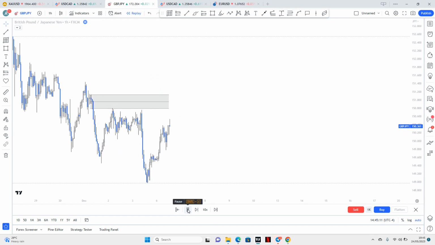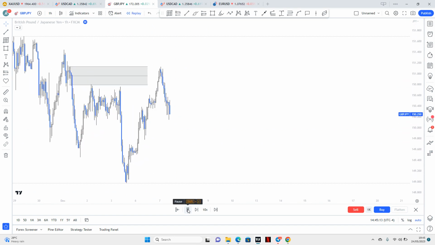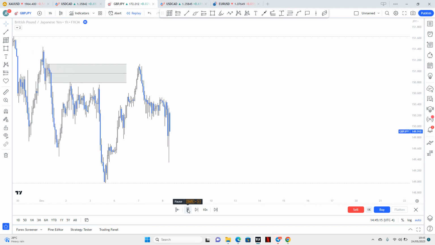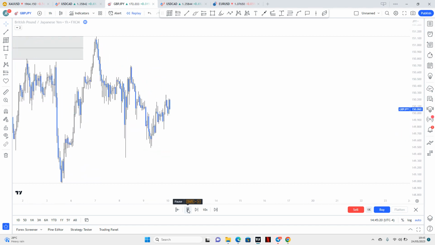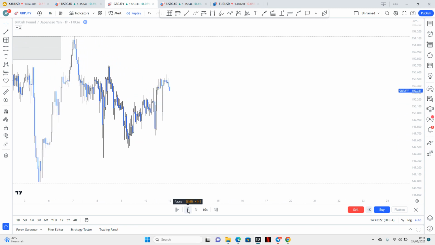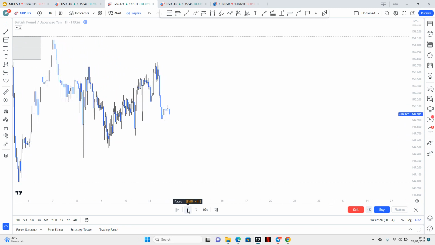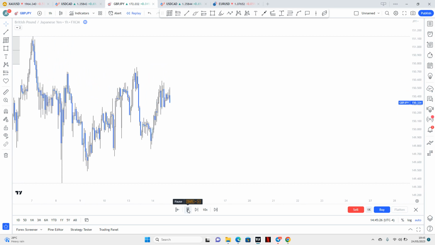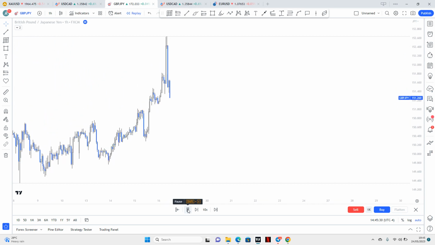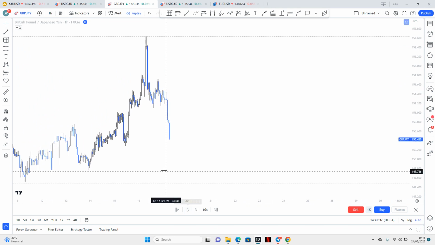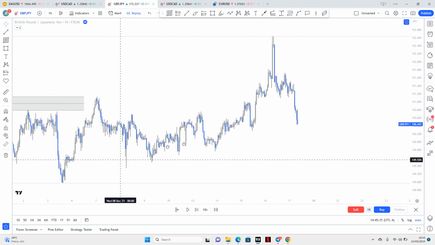It just follows that pattern. This is the 1 hour time frame. If you go to any other time frame, you see it happening day in, day out. It's just like that.